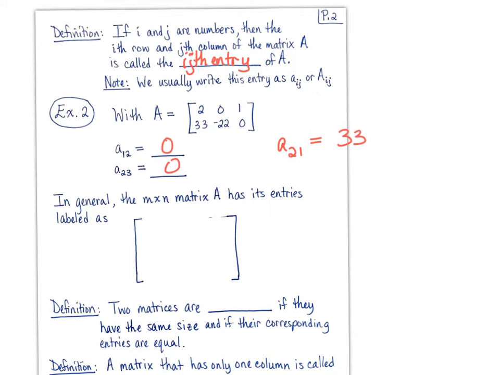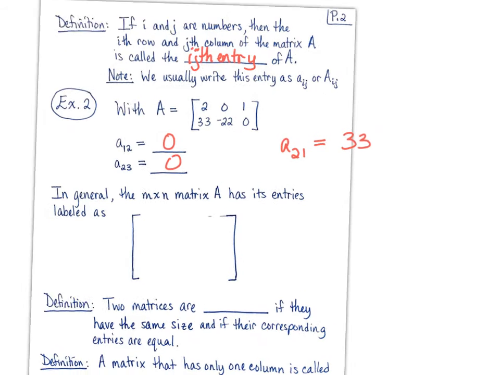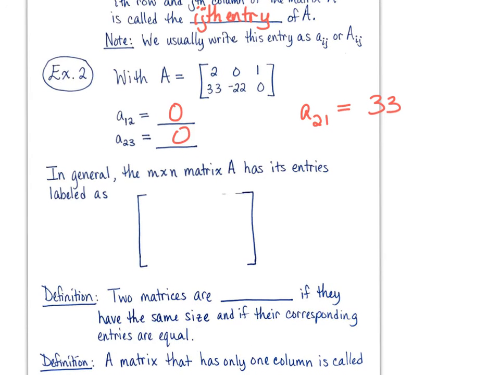In general, the M by N matrix A has its entries labeled as follows. This is just the general form. You'll see A11, first row, first column, A12, A13, out to A1N, because it has N columns. Then the second row would be what?